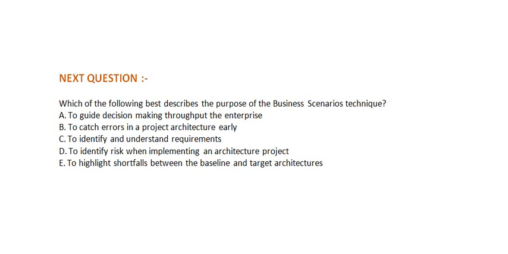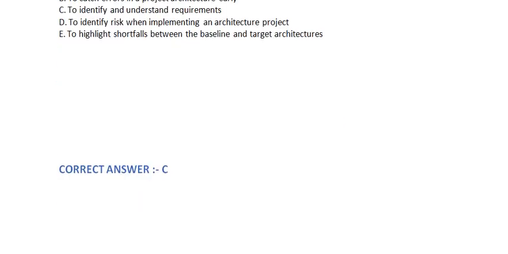Option D, to identify risk when implementing an architecture project. And option E, to highlight shortfalls between the baseline and target architectures. The correct answer is option C.